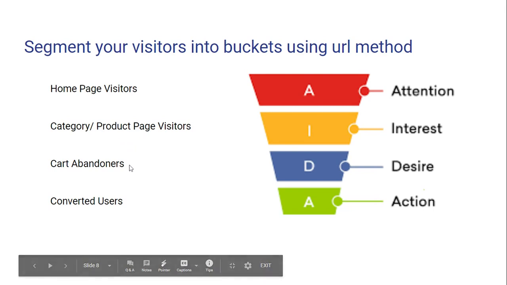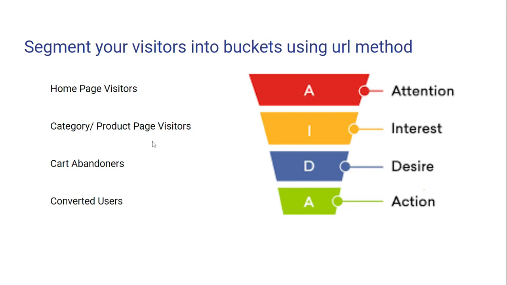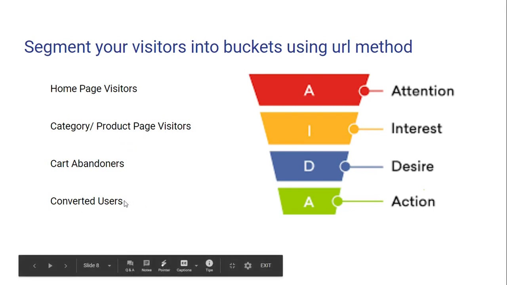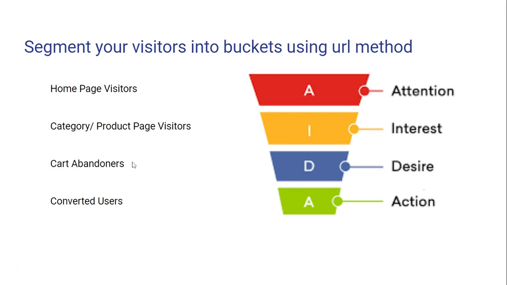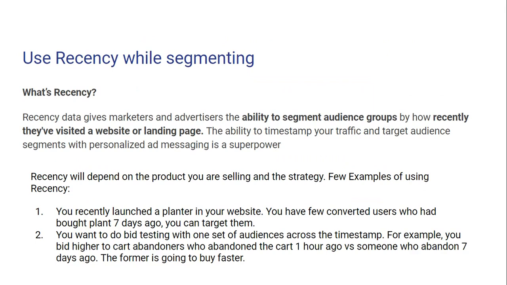These audiences are basically different behavioral points of the customer journey, so they should have different bid values, and the highest should be for the cart abandoners and lower as you go up.